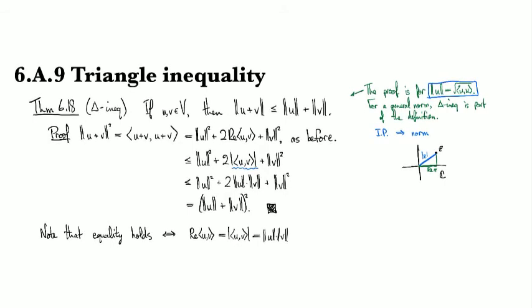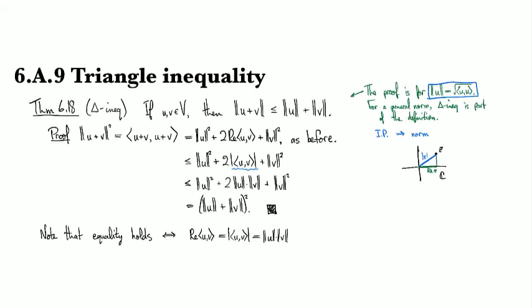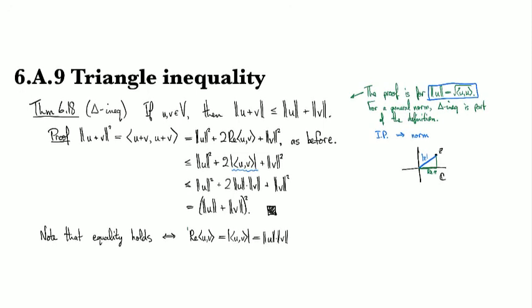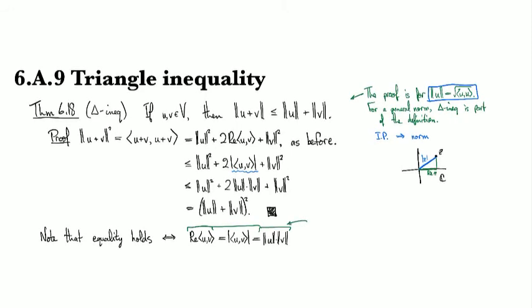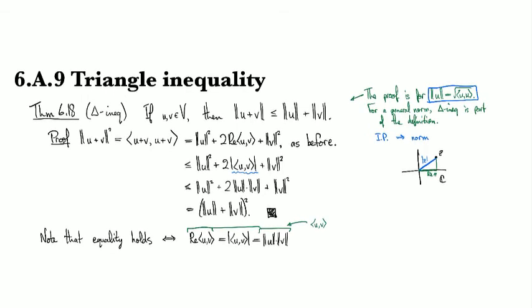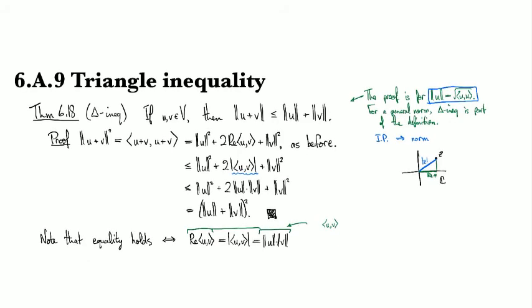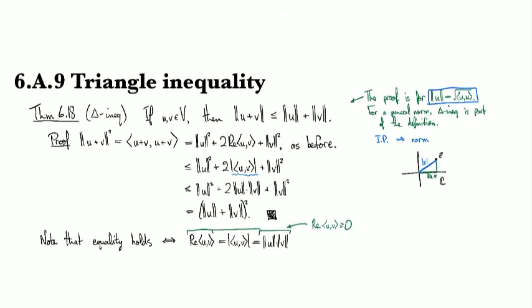And so what does this tell us? Well, this tells us a couple things. First off, based on this expression right here, from this part being equal to this part here, it must be the case that the real part of uv is non-negative, because this one right here is a non-negative term, right?